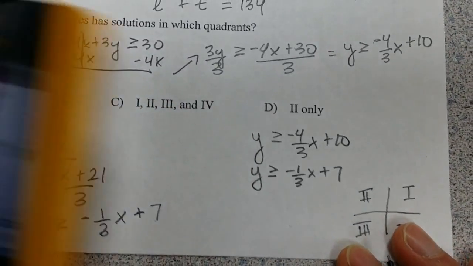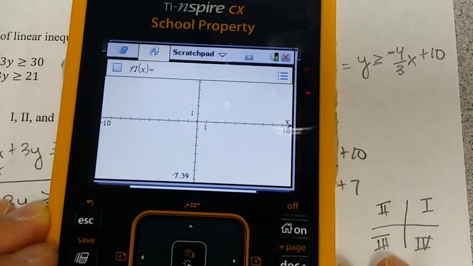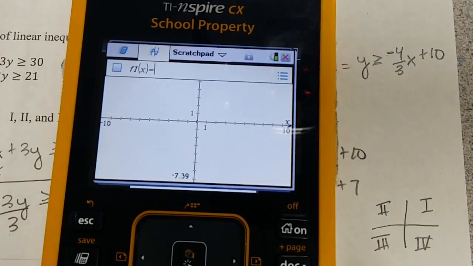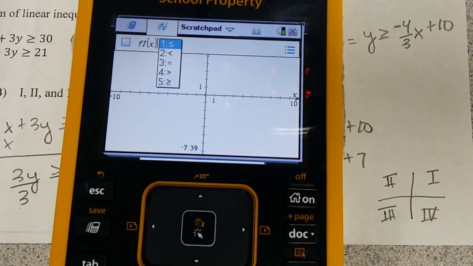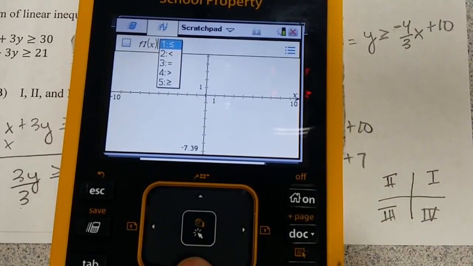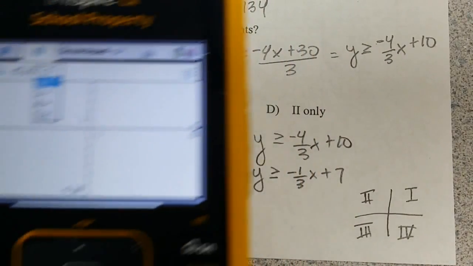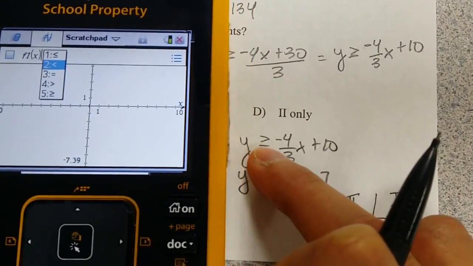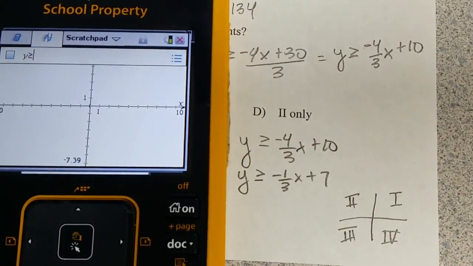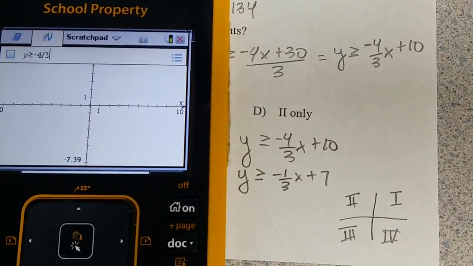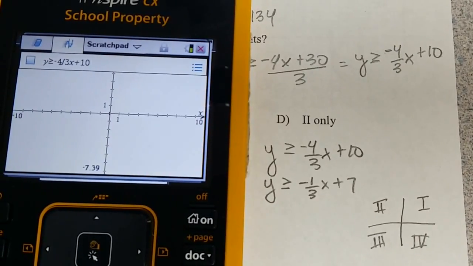On your graph, if you turn on your calculator and go to graph, the first thing you do is push the delete button. If you push the delete button, the inequality shows up and you just scroll down. Here we need greater than or equal to. So that's 5, and then it's negative 4 divided by 3 X plus 10.